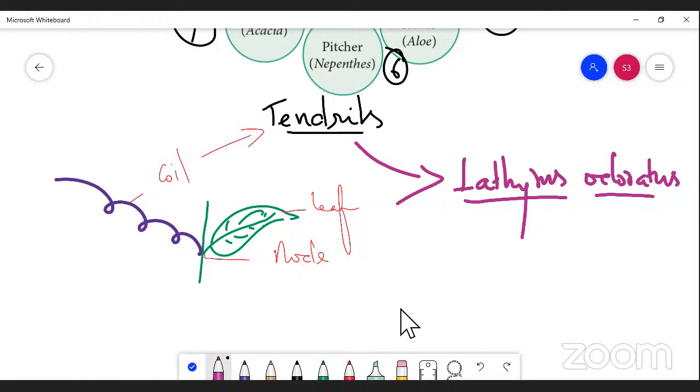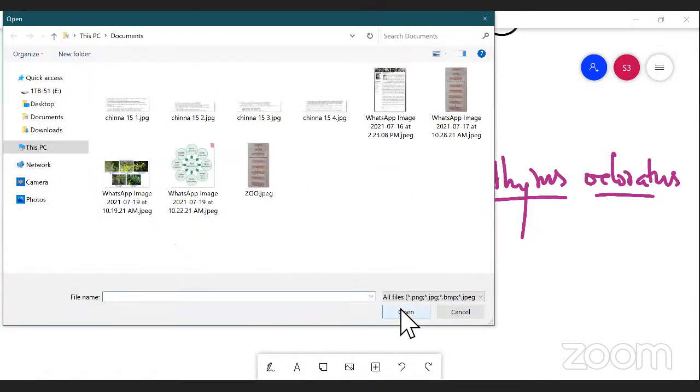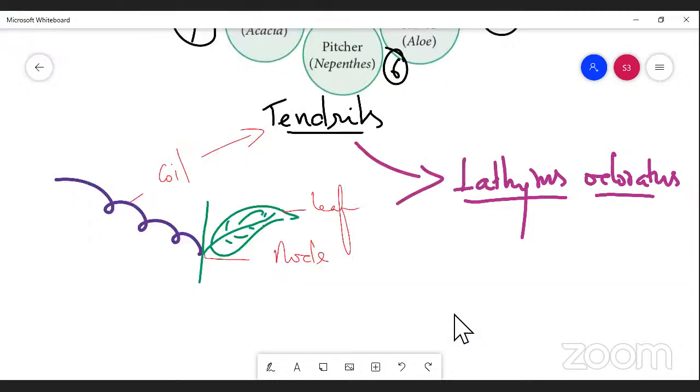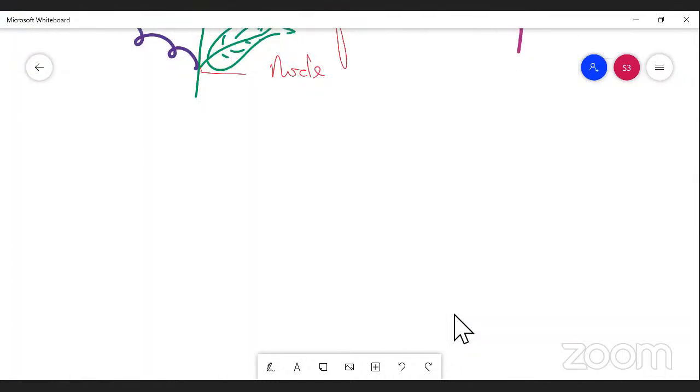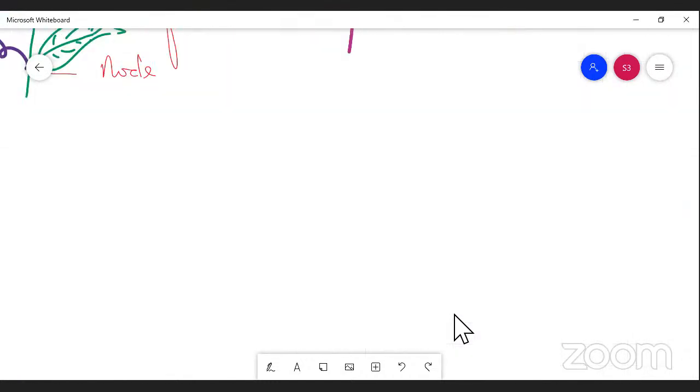So that is called the tendrils. Now, these tendrils are classified into several types. I'm going to show you the picture so that you can understand, right, my dear students? Here, I have collected some examples to help you understand easily, right?